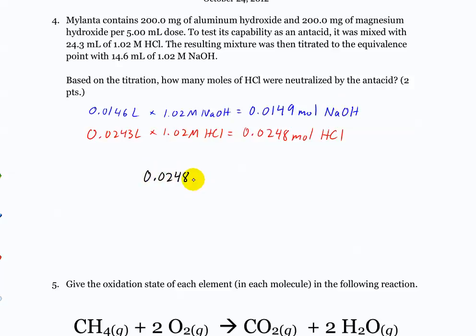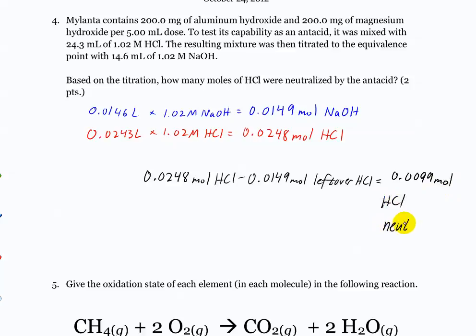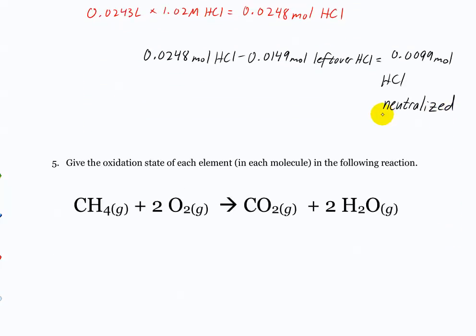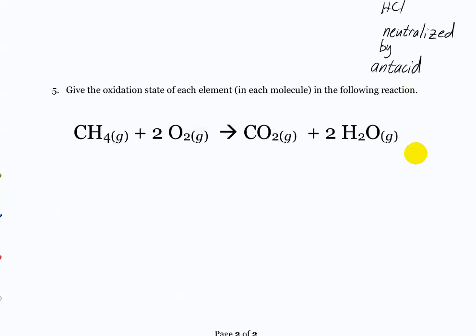So 0.248 moles that you started with of HCl minus 0.149 moles, we can say left over, comes up to about 0.0099 moles HCl neutralized by the antacid, yeah. Okay.